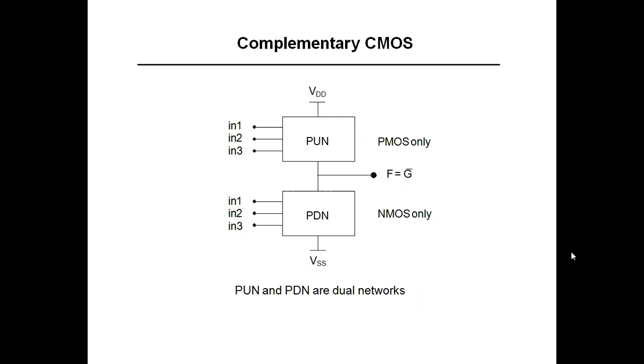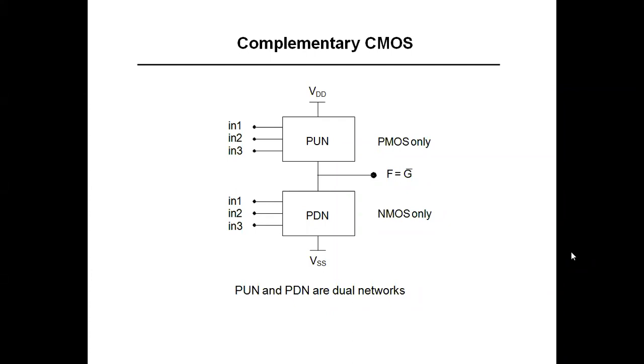The reason is well familiar to you. PMOS has some advantages and some disadvantages. The advantage of PMOS is that it can pass a strong logic 1. The disadvantage is that it cannot pass a strong logic 0, meaning it passes a weak 0.